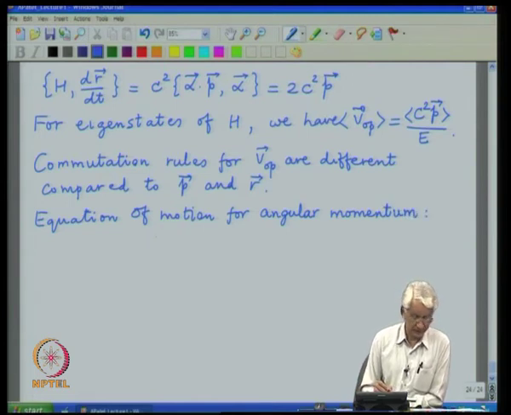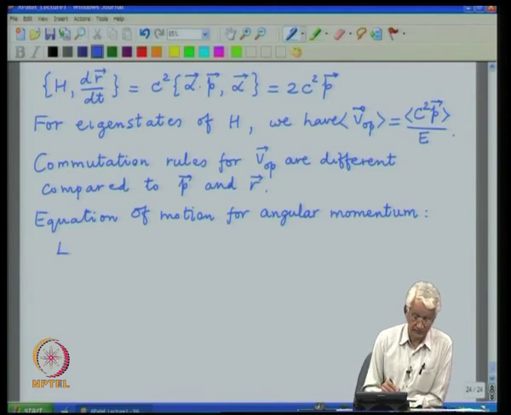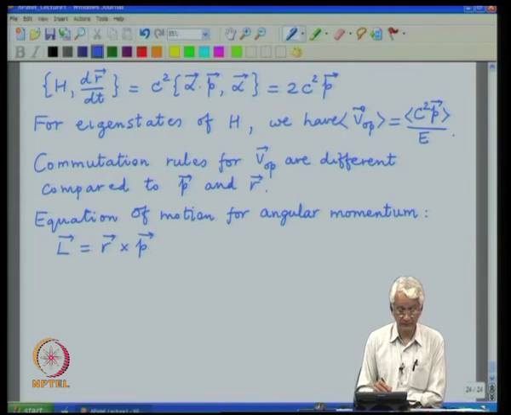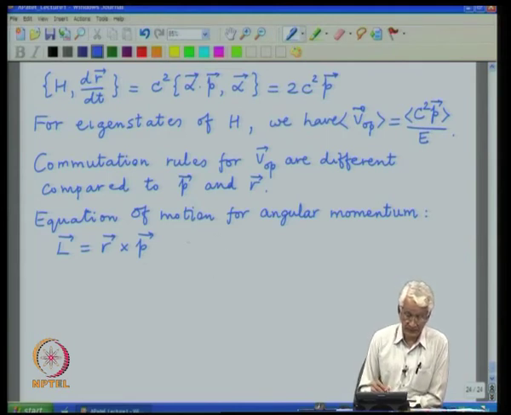Now, we have a well known operator which is R cross P, both in classical mechanics and quantum mechanics, and we can now try to see how this particular object evolves under time, and we discover that even for a free particle without any forces, this object is not conserved.